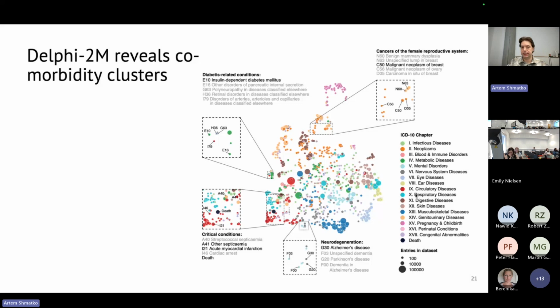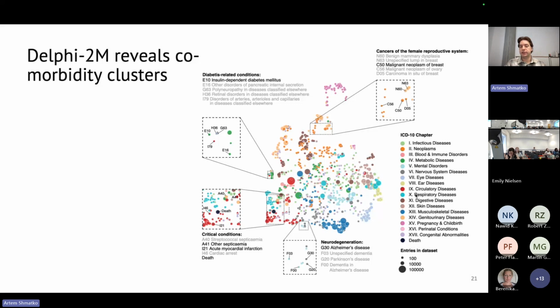So for each disease, these 1200 diseases that Delphi works with, to start processing them, the very first step in the neural network architecture is to map every disease to some vector, a numerical representation that is used just because computers work with numbers.